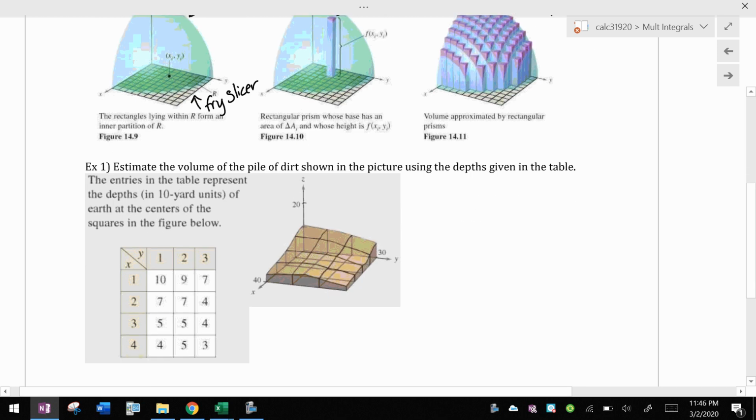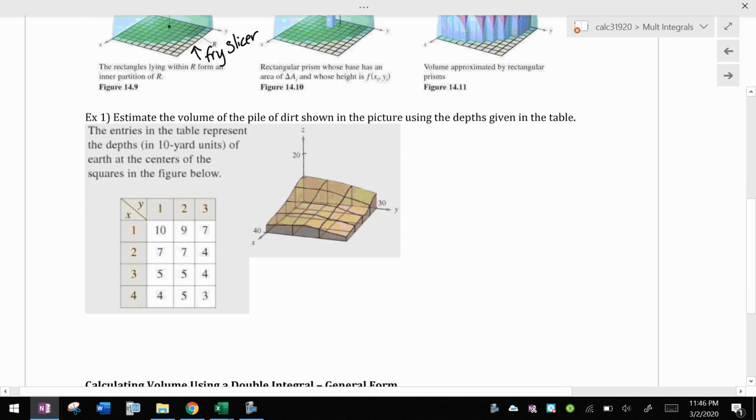If I want to find the volume, I can find the volume of each individual fry and then add them all up. So for example, let's say I have a pile of dirt. I picked dirt because it's brown. Let's say I want to find the volume of the pile of dirt right here. Well, that's obviously not a regular shape. So what we can do is slice it into little sections, and each of these sections is 10 yards by 10 yards, so 10 yards across and 10 yards out.